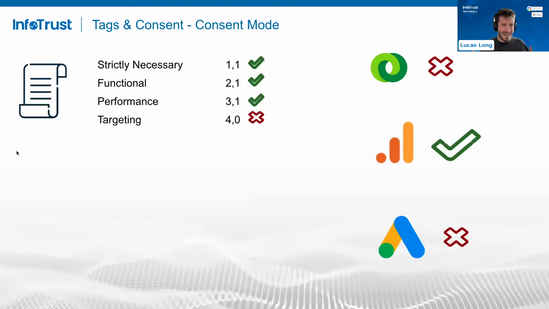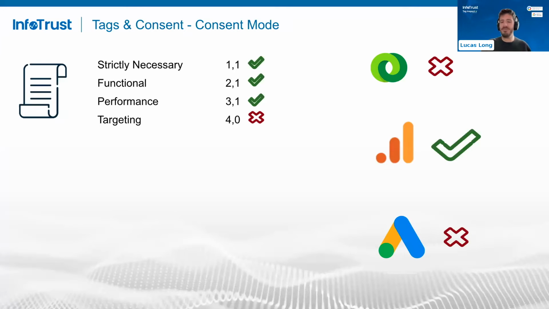So think about it again in a more structured example here. A user comes to a page and indicates via the CMP that they are accepting consent for 3 of our categories. They accept consent for strictly necessary, functional, performance, but they deny or do not consent to targeting or those advertising use cases. Well, first, I've configured my Google tags to read from that which they have accepted or denied.